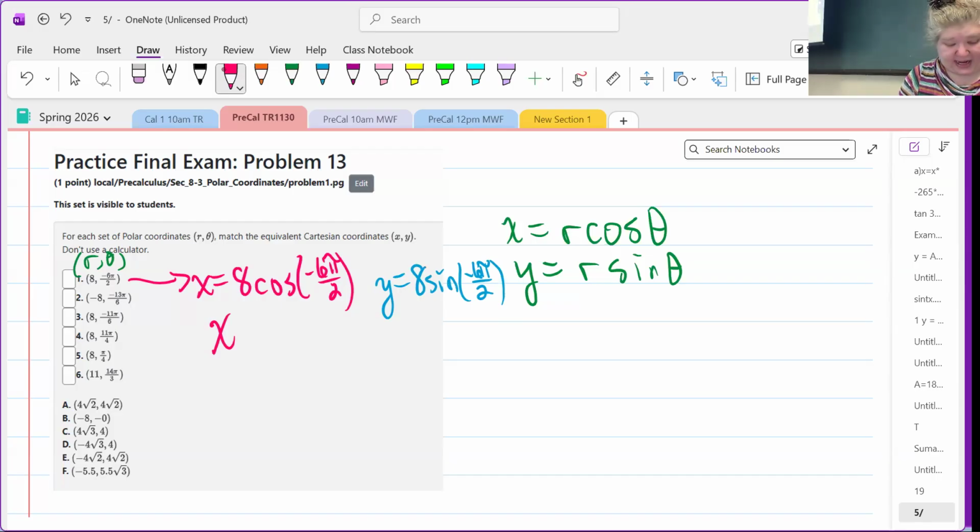Now I can type it in, 8 cosine negative 6 pi divided by 2, and that spits out negative 8 for the x. And then my y, 8 sine negative 6 pi over 2, spits out a 0. There it is for B.